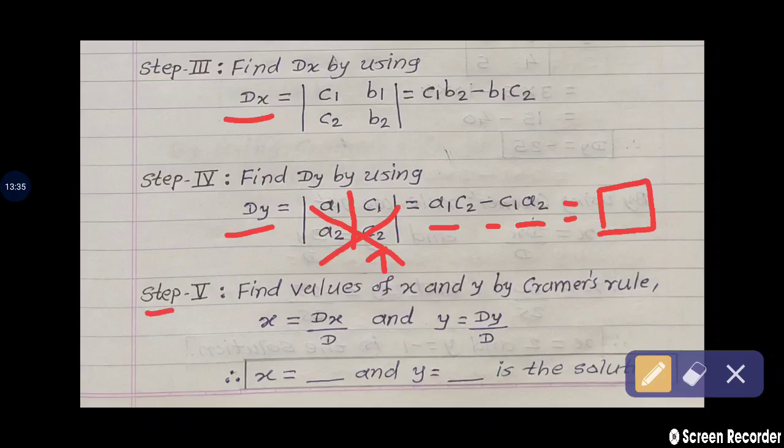In the last step, number 5, find the values of x and y by using Cramer's rule. So how to find the values of x and y? Formulas are given. To find the value of x, the formula is dx divided by d. This is the formula to find the value of x. And to find the value of variable y, the formula is dy divided by d.